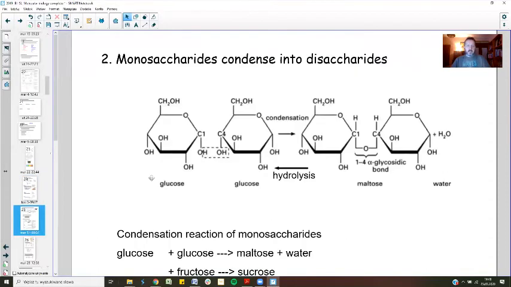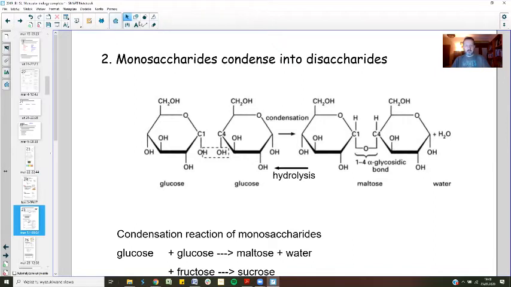Okay, let's take a look at how monosaccharides join together to form disaccharides. Here you can see the reaction in which two glucoses, by condensation, produce maltose, which is a disaccharide, in which there is a glycosidic bond.